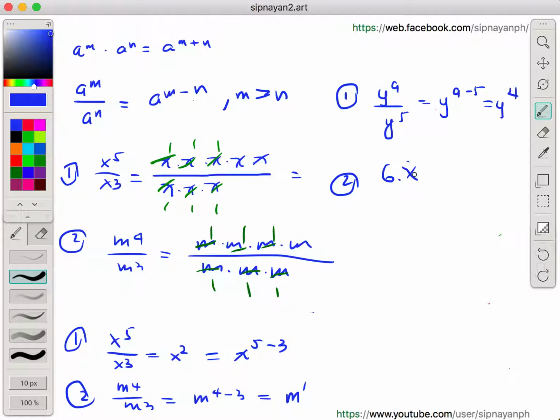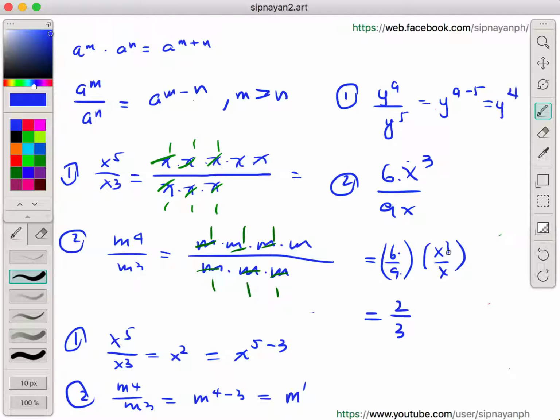Number 2, we have 6x cubed over 9x. So pag ganito, meron tayong numbers. We have 6 over 9, and then we have x cubed over x. Parang lowest terms to. We divide by 3. Again, 6 divided by 3 is 2. 9 divided by 3 is 3.